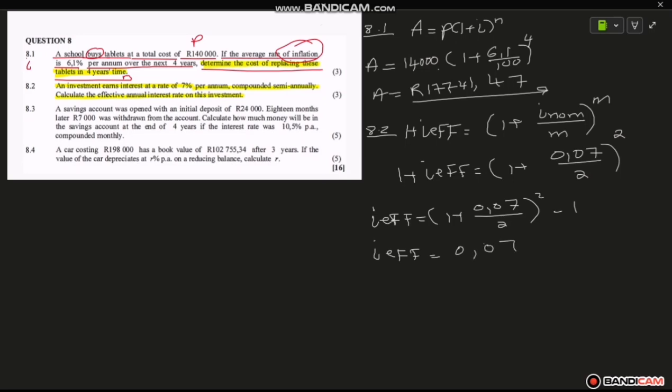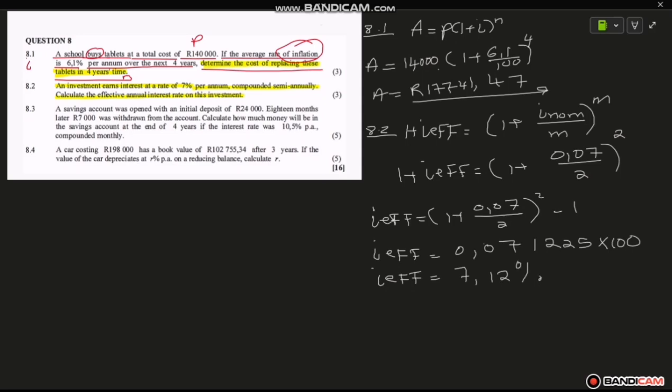So it will be 0.071225. Therefore, you can multiply it by 100. Then you round off on your last step. So it's going to be 7.12%.